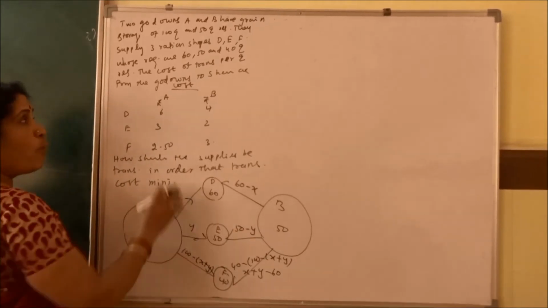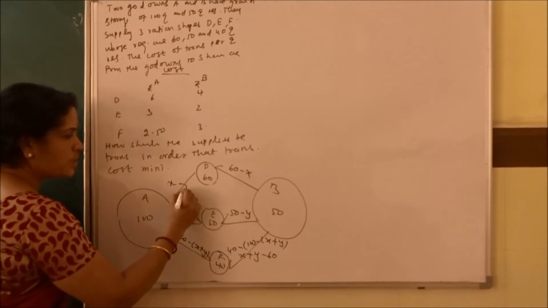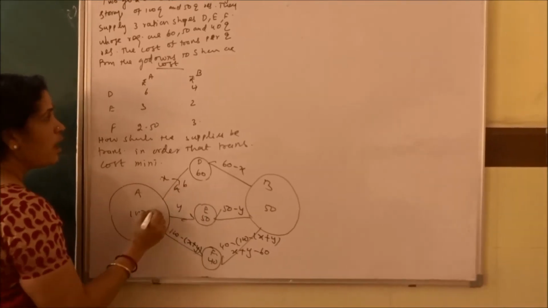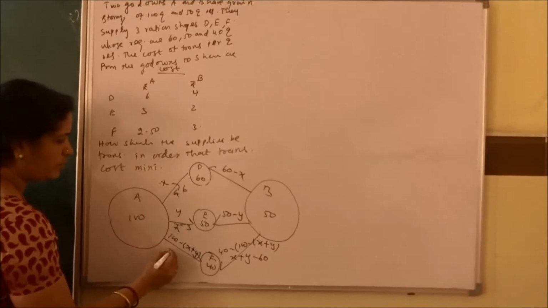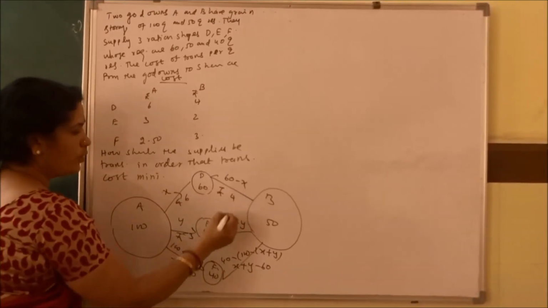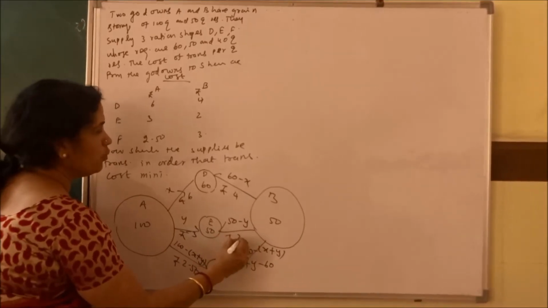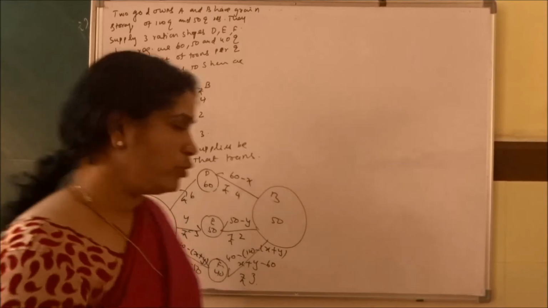Now for transportation cost per quintal, they are saying rupees 6 here, to E rupees 3, and here rupees 2.50, here rupees 4, here rupees 2, and here rupees 3.